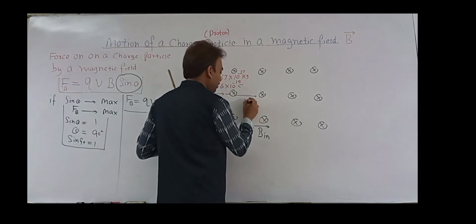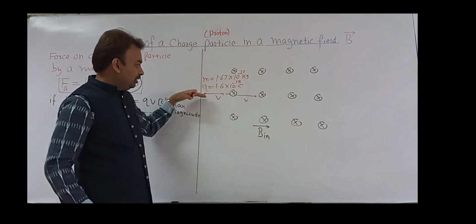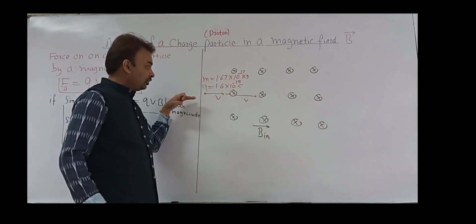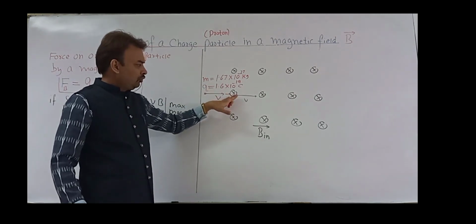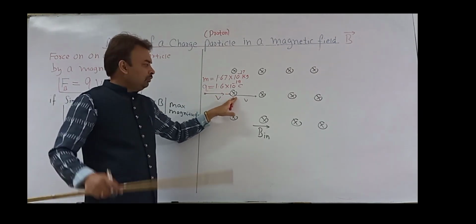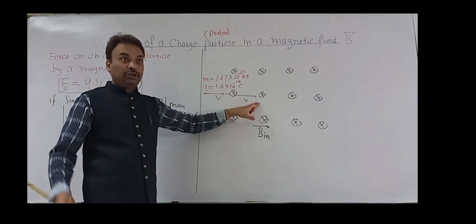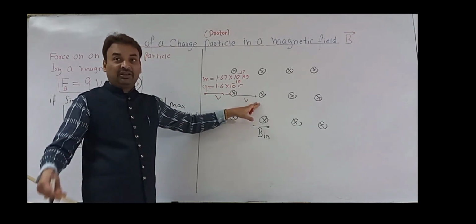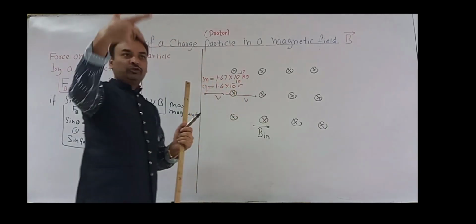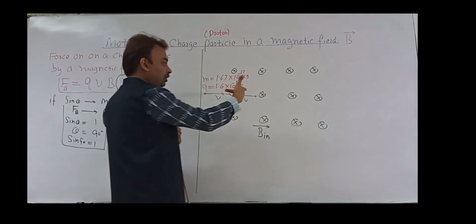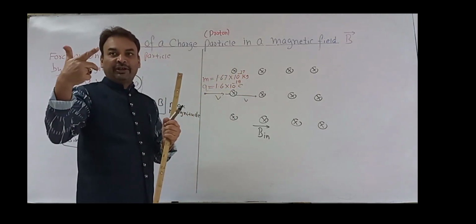With the speed v. Now you see, initially when the particle was outside the field, it was a linear motion, right? It was moving in a straight line. So we assume that again in the magnetic field it should continue with the same straight line path, right? But the magnetic field will apply a magnetic force, and from the right hand rule we can find out the direction of magnetic force.